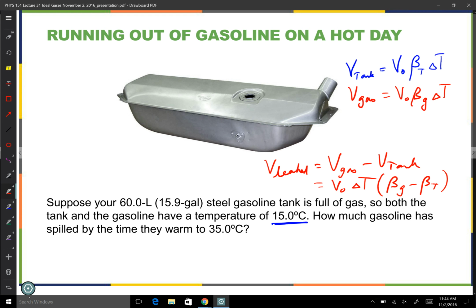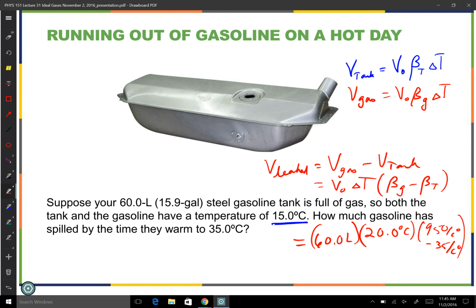Then I just put in my numbers: 60.0 liters times 20.0 degrees Celsius times 950 per Celsius degree minus 35 per Celsius degree. And so 915 times 20 times 60.